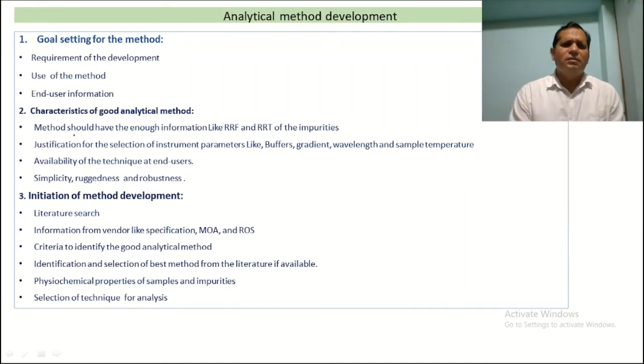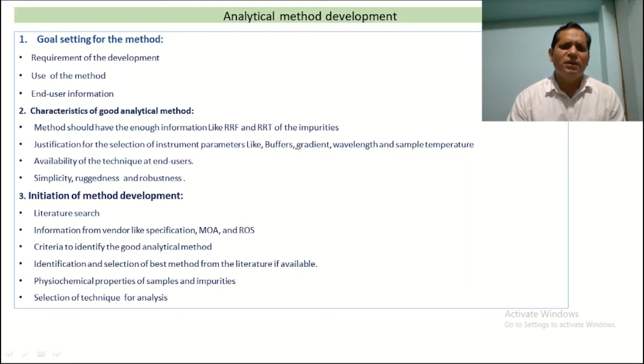When our method is developed, we should have all the information like the RF of the different impurities and the RRT of the different impurities in the method. And we should have strong justification for what buffer we are using, what gradient we are using in the method development, and what the sample temperature is.